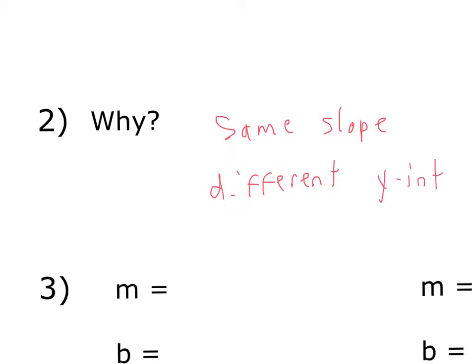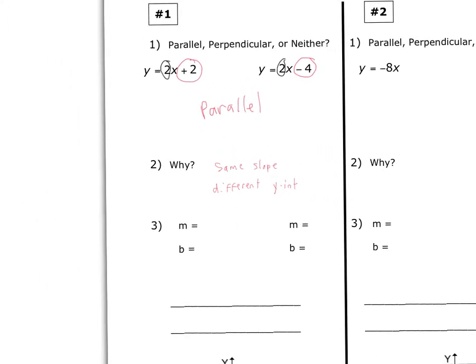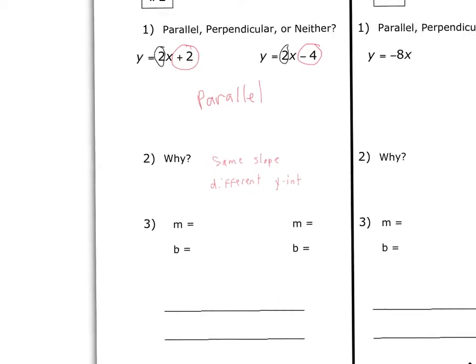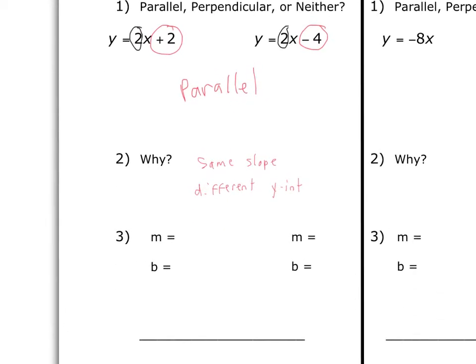All right, for grins, let's go ahead and graph these. For our first equation, we have y = 2x + 2. We know that our slope was 2, and our y-intercept, the number after x, was also 2.